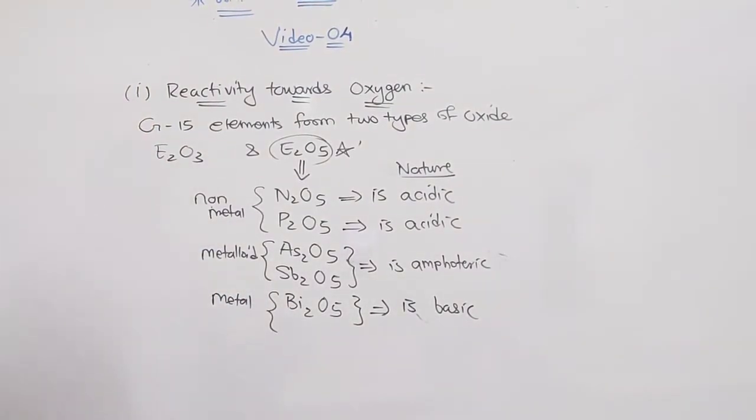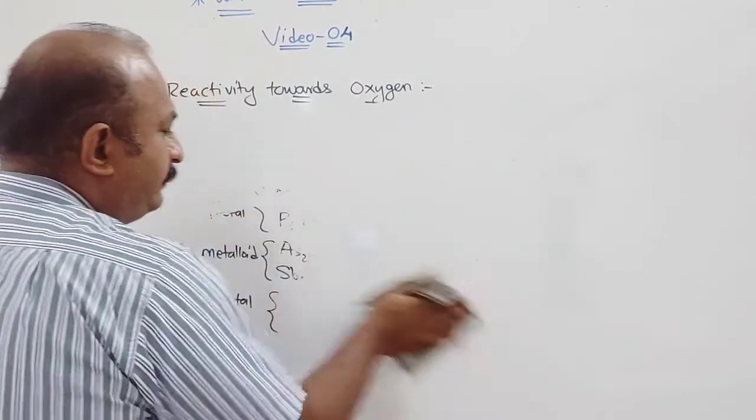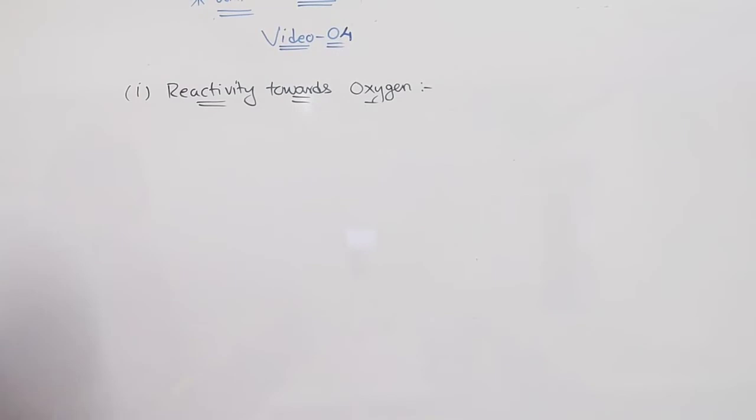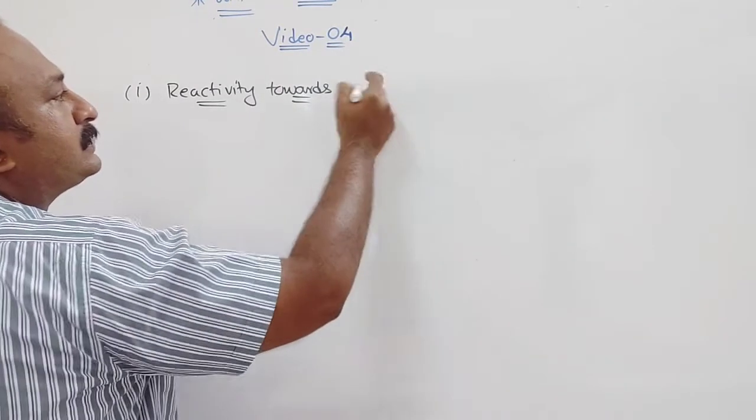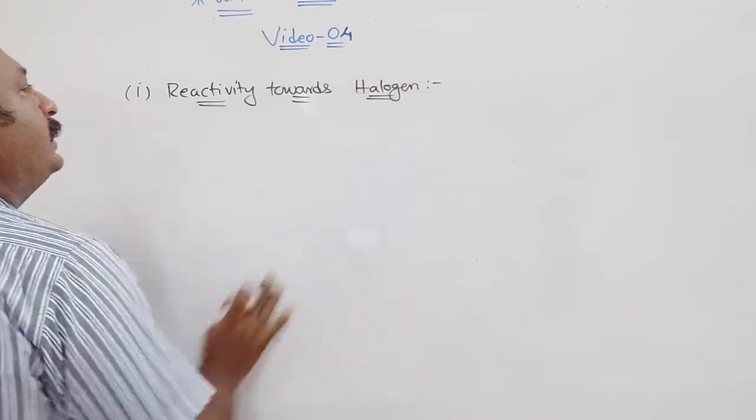Now the next topic is reactivity towards halogen. What is the next topic? Reactivity towards halogen. Okay.